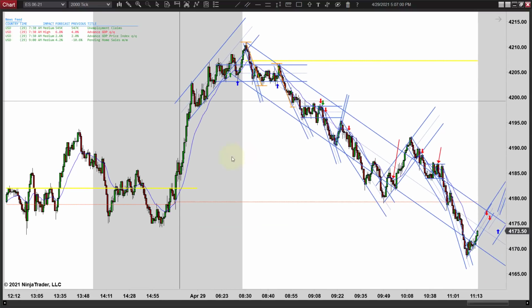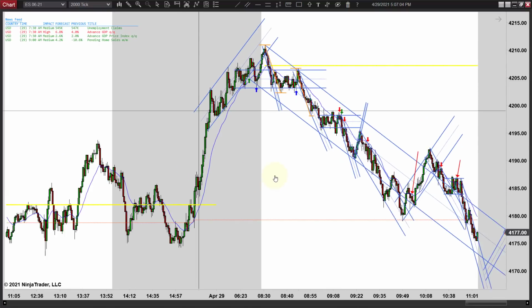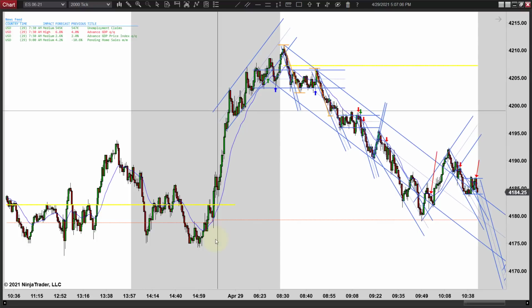But listen, and maybe you'll learn something, or maybe you can understand this if you didn't already. Prices closed right here yesterday, and that's where the daily session would close as well, where this red line comes right across here. That's the close from yesterday, this red line. That's why I have it on this chart. And we opened up here at 8:30.